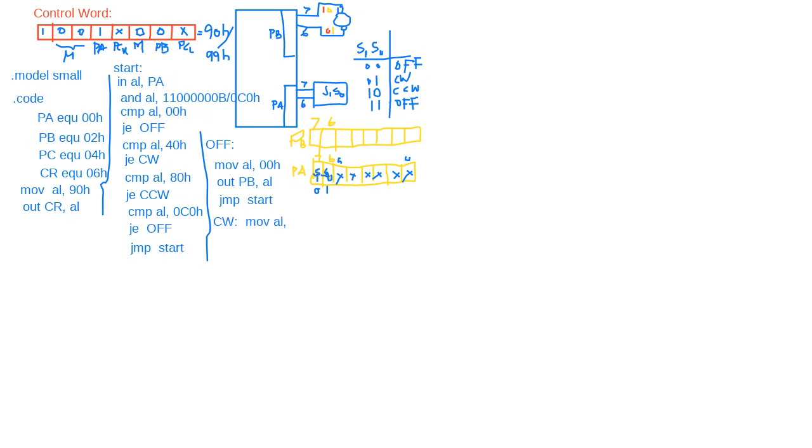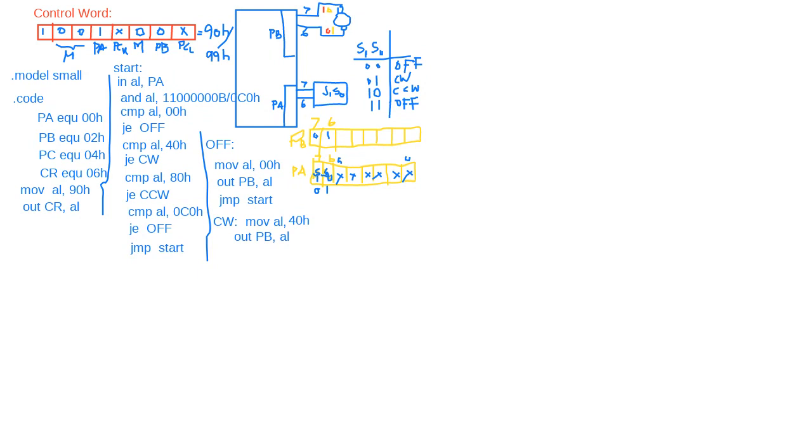For example, if clockwise is 0 1, the motor moves clockwise, then the other bits are all 0, so that means 40H. Then OUT port B comma AL, and then it goes again to the start, because it always needs to check the switch condition. JMP start.